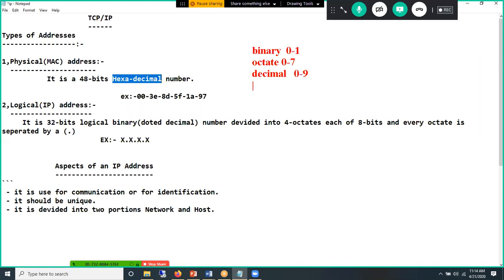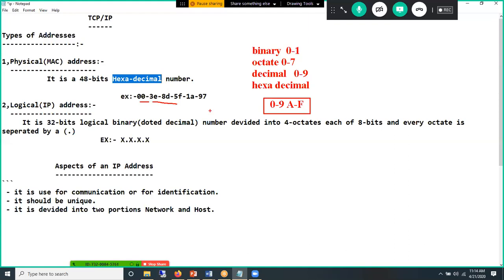But when you talk about hexadecimal, it is not only a form of number. It is a combination. Hexadecimal has 0 to 9, all the numbers, and we also have the alphabet from A to F. So whenever you see a MAC address, you have a combination of numbers as well as alphabet.